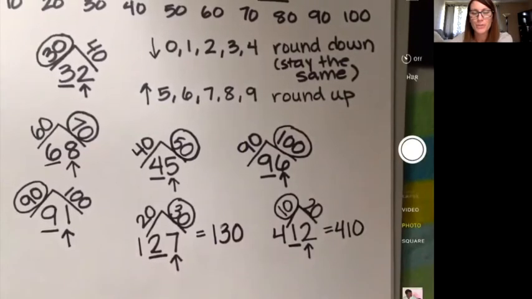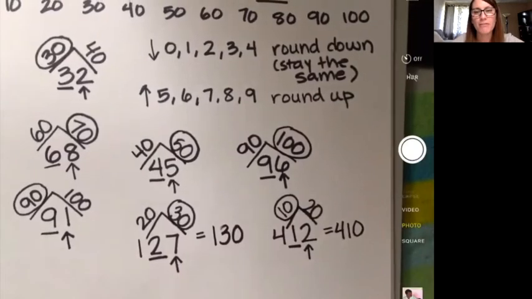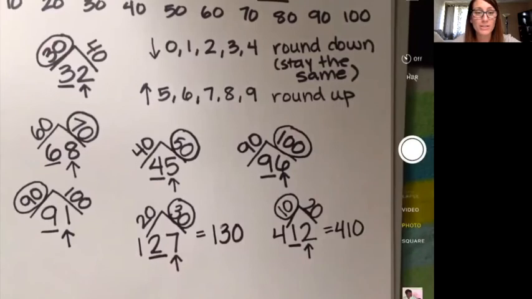All right. So boys and girls, here's what we're going to do. I'm going to have you try to practice some of these. Now, I know that some of these, it's going to be a lot easier to do just on a piece of paper. So I'm going to give you a choice. I'm going to link a Google Doc with some numbers that I want you to try to round to the nearest 10, okay?